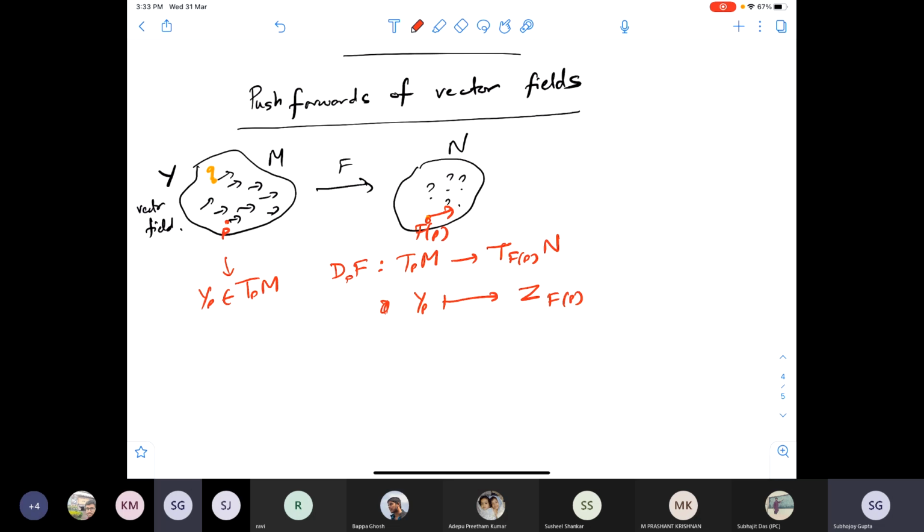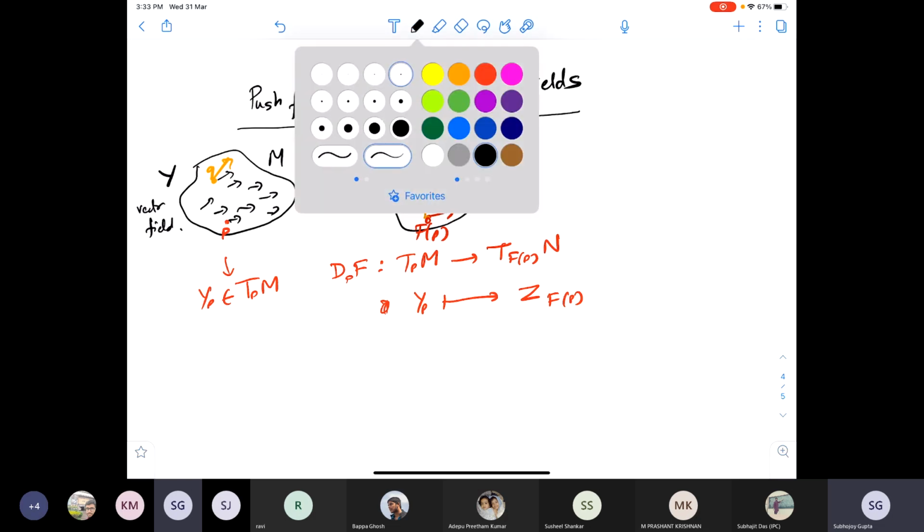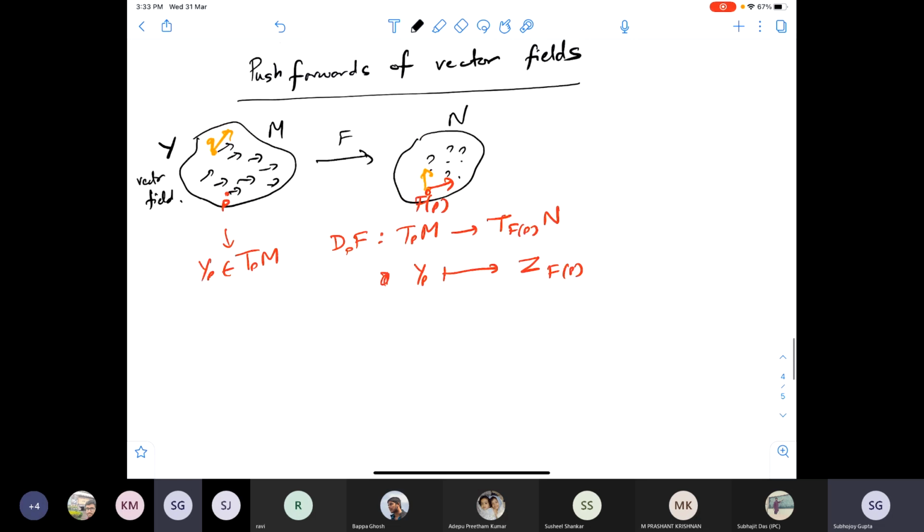There the derivative sends the vectors somewhere else, and then you would run into trouble in defining things. So you can't quite define it for all smooth maps, but you can do it for diffeomorphisms at least. This is where you don't have any trouble.